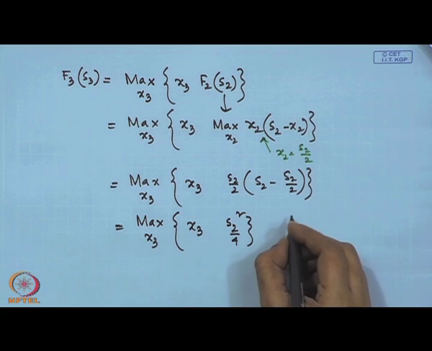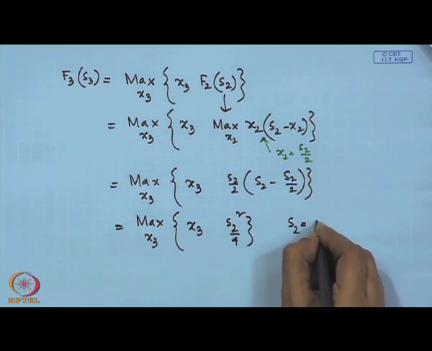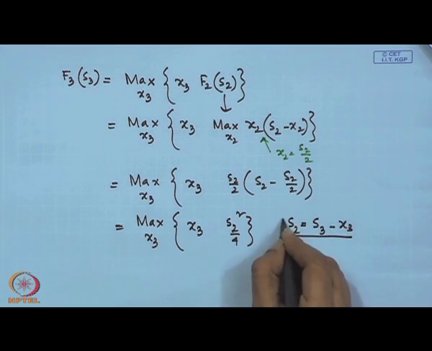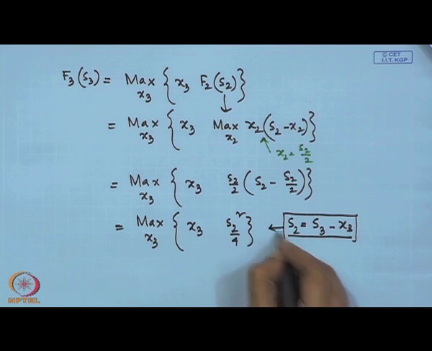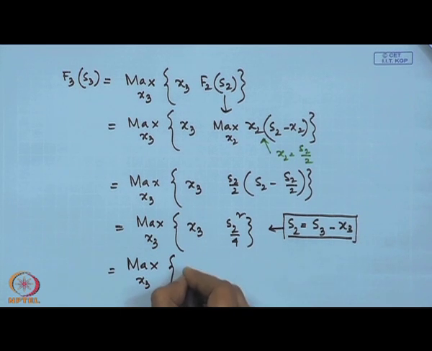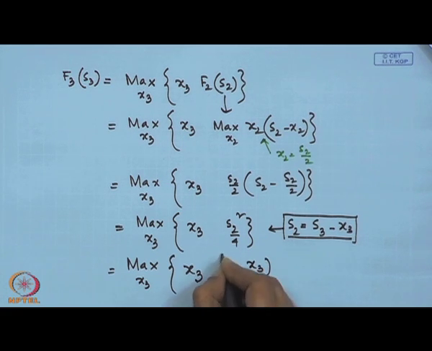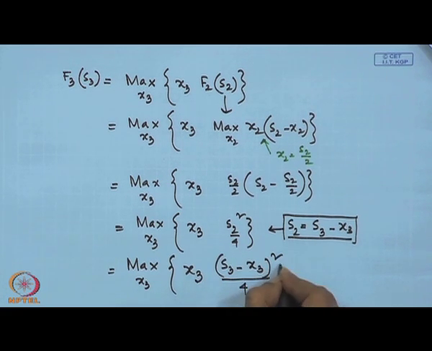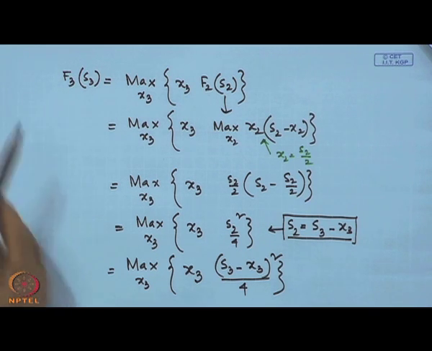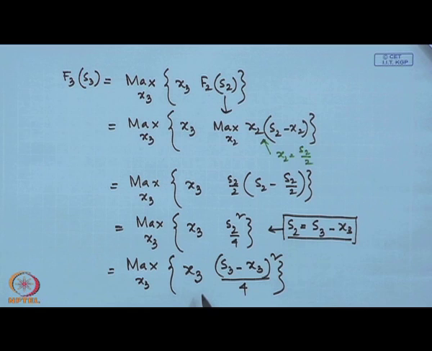And just now we got the relation that s2 is equal to s3 minus x3. We will substitute this fact here. Then we will get maximization, and what you could see here is that the optimization problem in stage 3 is converting to an optimization problem of the single variable x3 only.